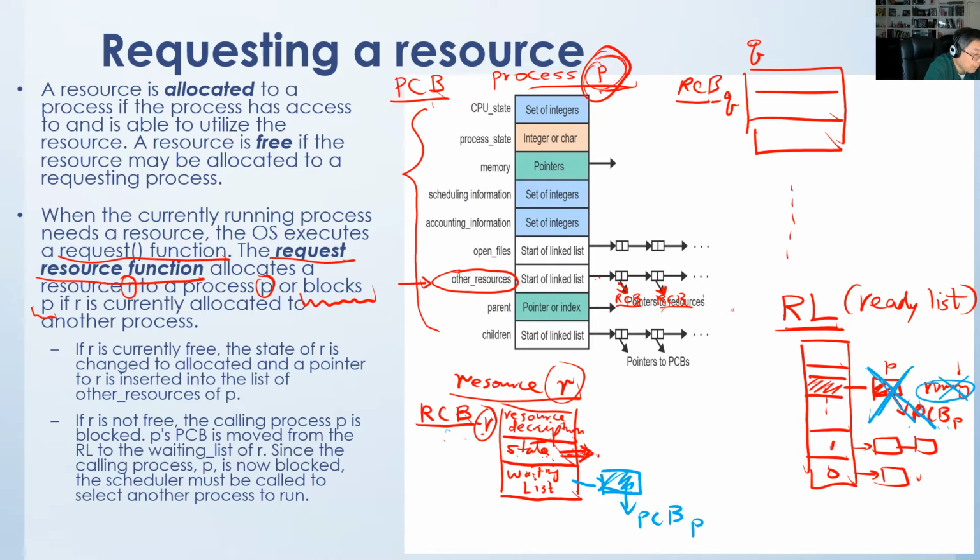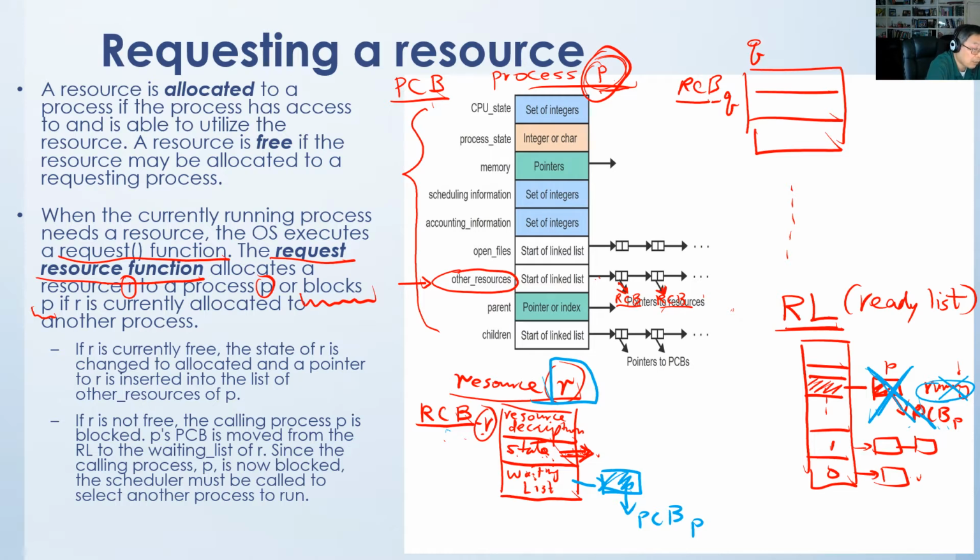So now the process P is on the waiting list of the RCB for the resource R, and it's removed from the ready list. And then the operating system is going to trigger the function called reschedule, because now it's up to the operating system to choose the next process to run.